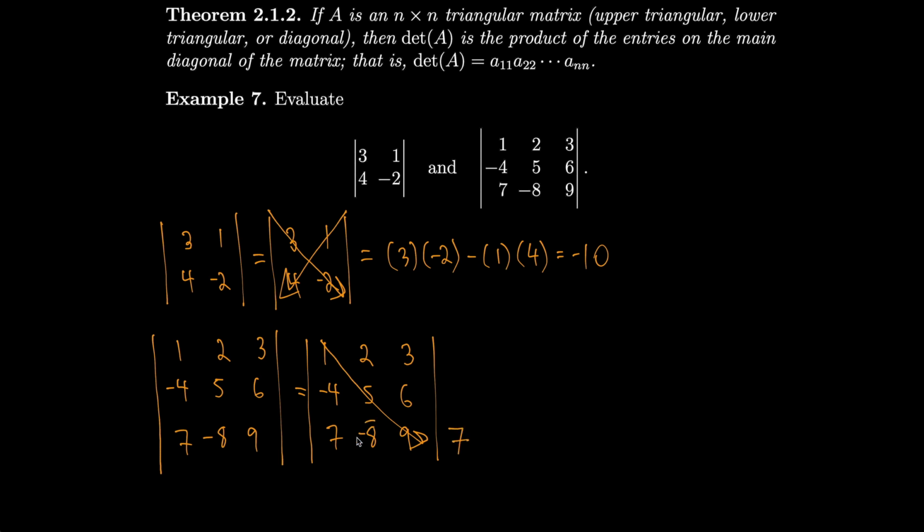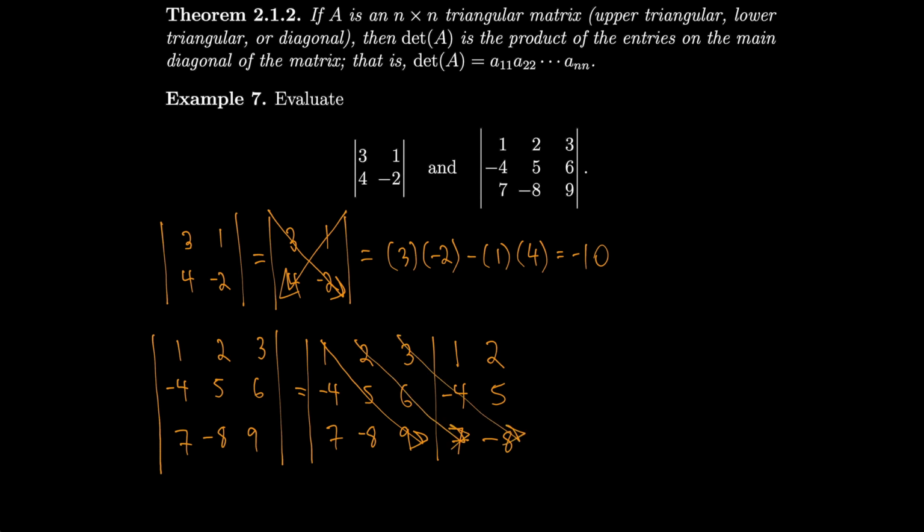I'll take this minus 8 and repeat it so that I can draw an arrow over here, which means I also need to repeat the minus 4 and the 5. I basically start doing my entire matrix over again to fill the missing space. Now I'll be able to draw the rest of my arrows.